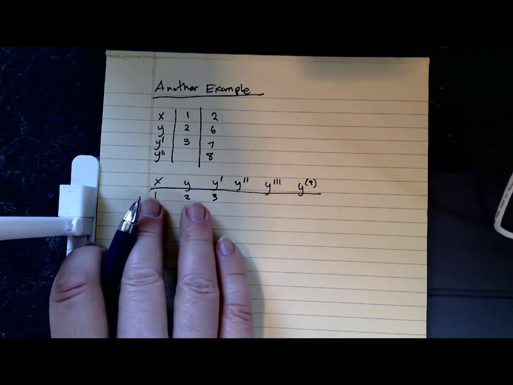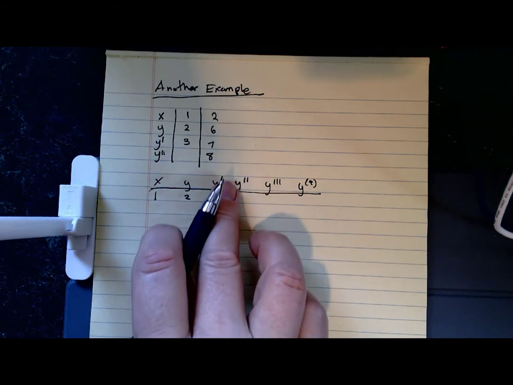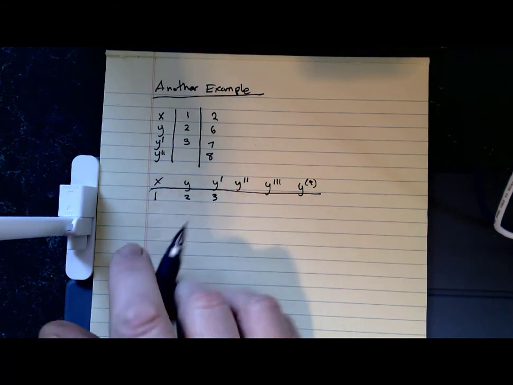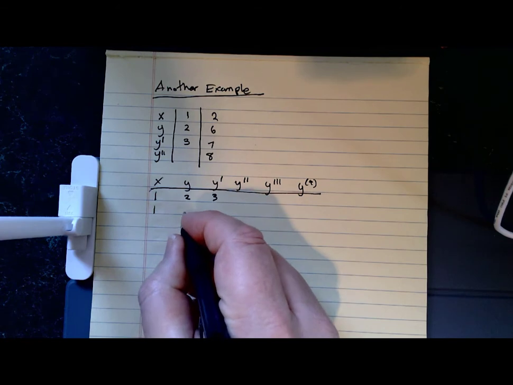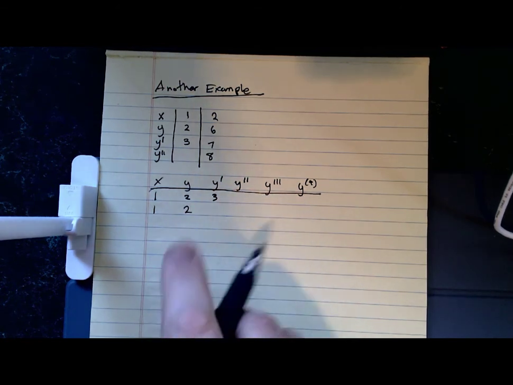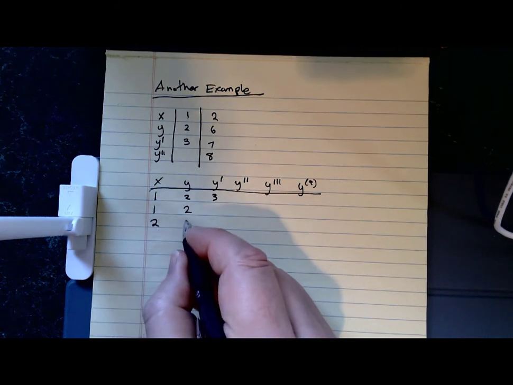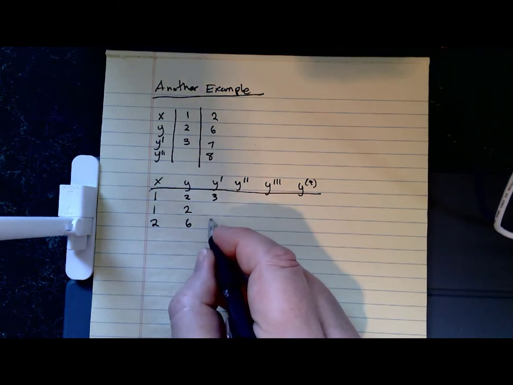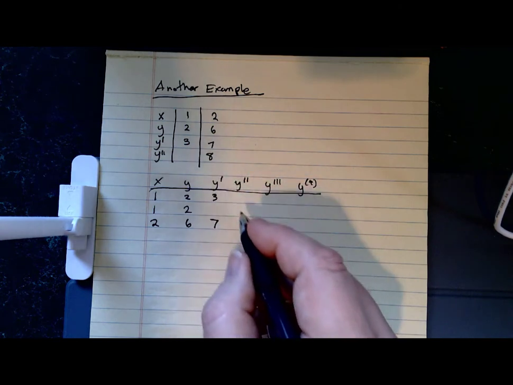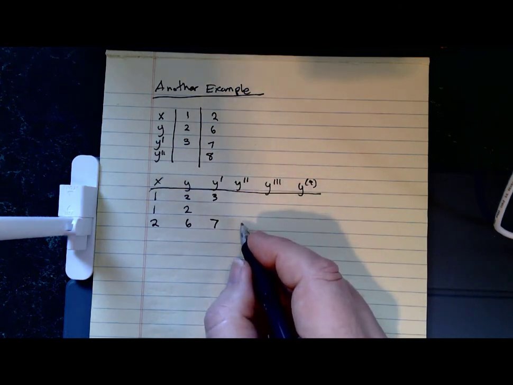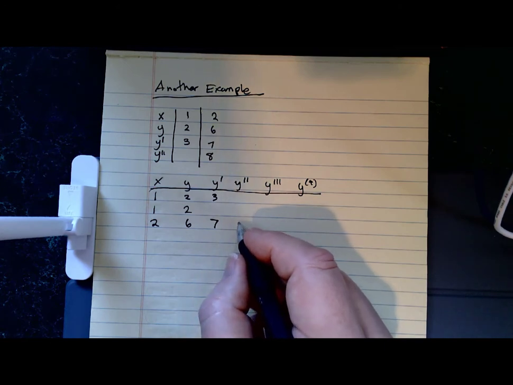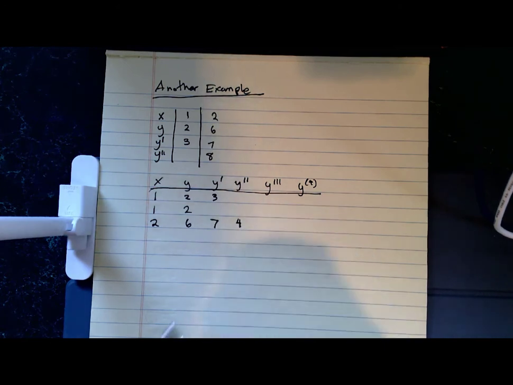Now, since I have including one derivative here, I'm going to have to use one extra line. Okay, then this next one goes 2, 6, 7, and then 8 divided by 2 factorial. 2 factorial is 2, so 8 divided by 2 is 4 there.